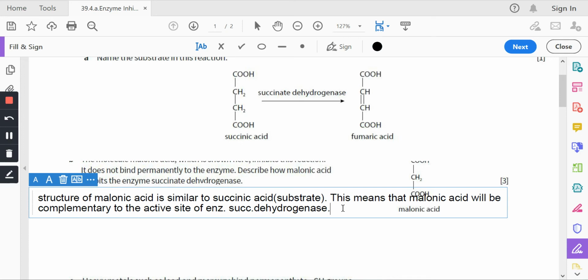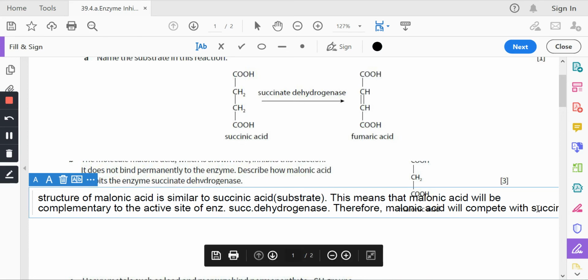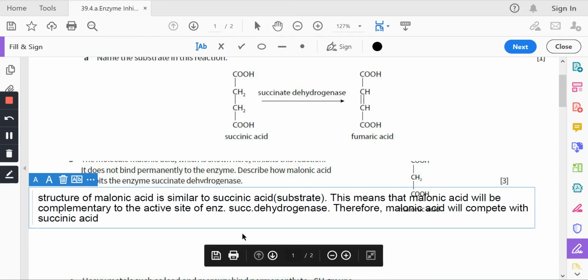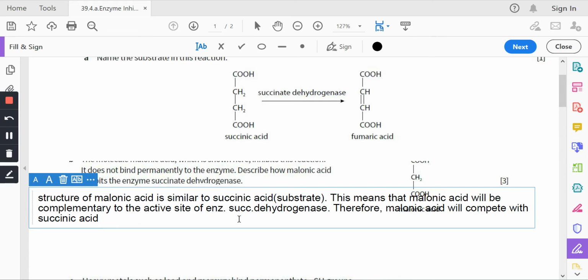Then I can also say that therefore malonic acid will, here I am going to definitely use this keyword, that is compete, with succinic acid, and therefore will take its place in the enzyme's active site.